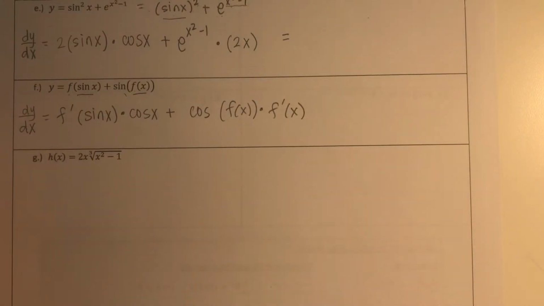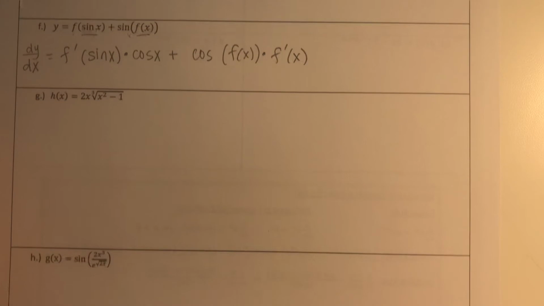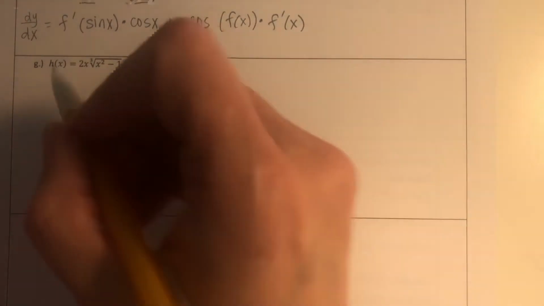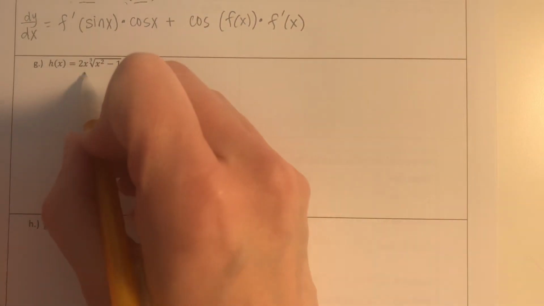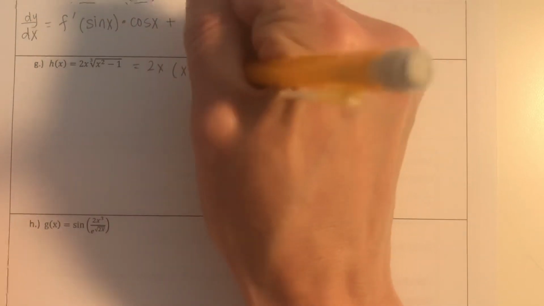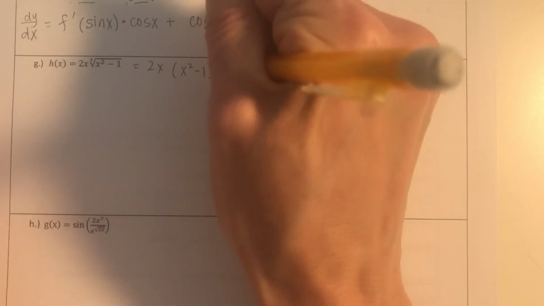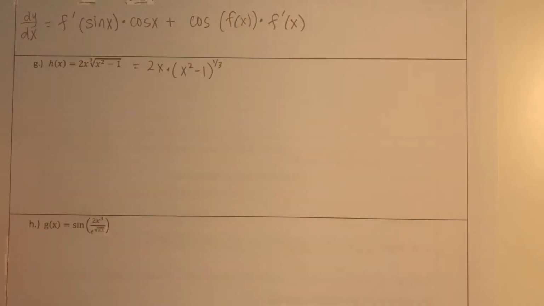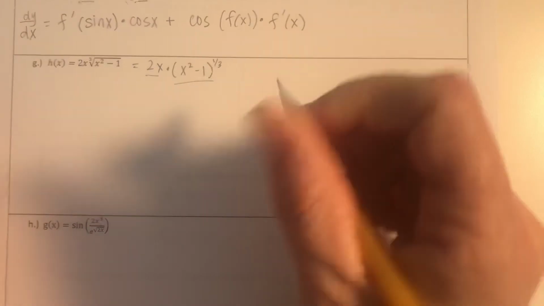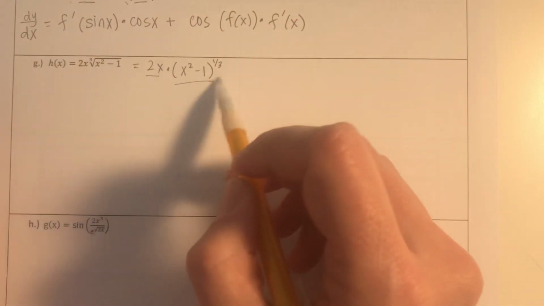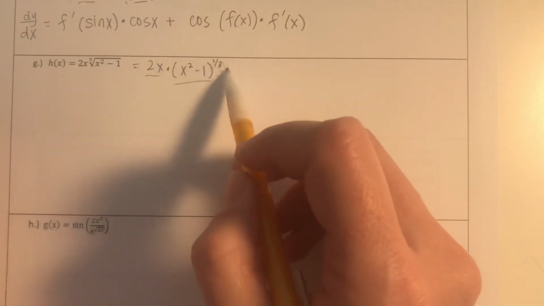The next one down here is part G. And part G says h of x equals 2x times x squared minus 1 to the 1/3 power. Rewriting that. I want you guys to realize this time we are multiplying 2 things that involve an x. And then you also have, on the second part of this, an inside function and an outside function.